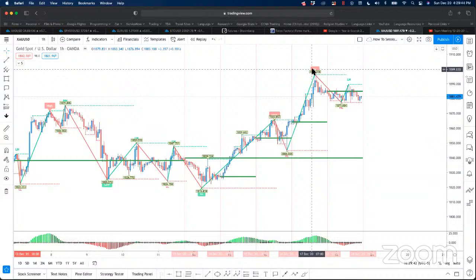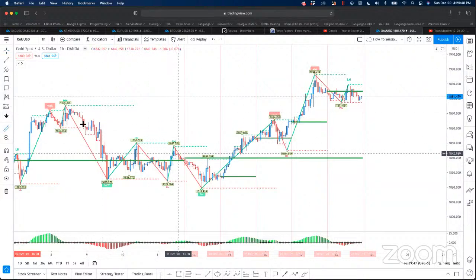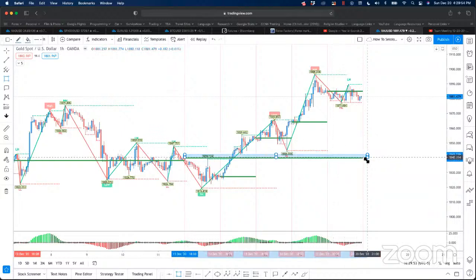because this buy is correlating with the weekly opening price down here.